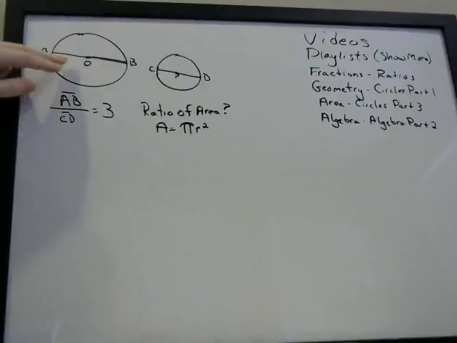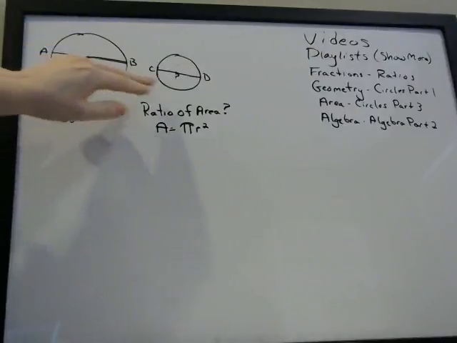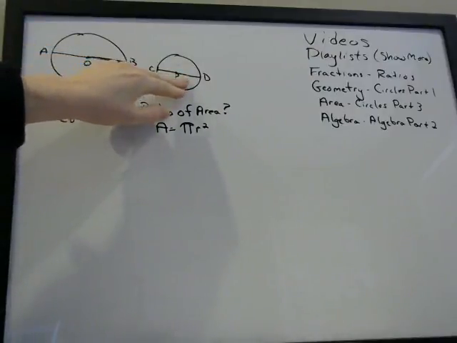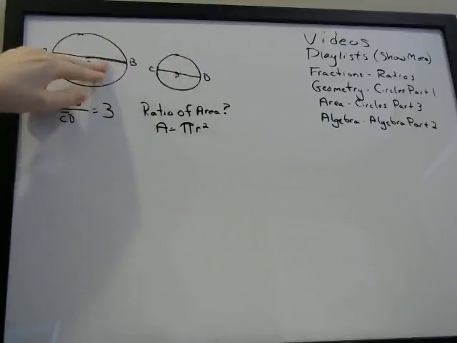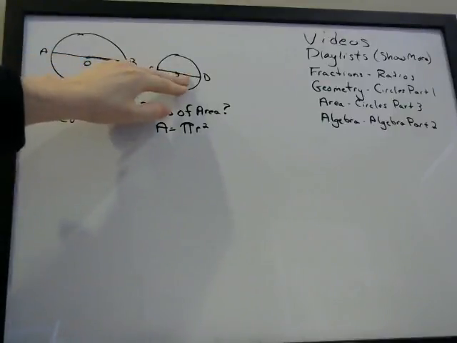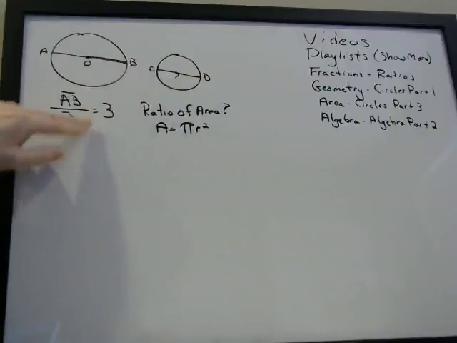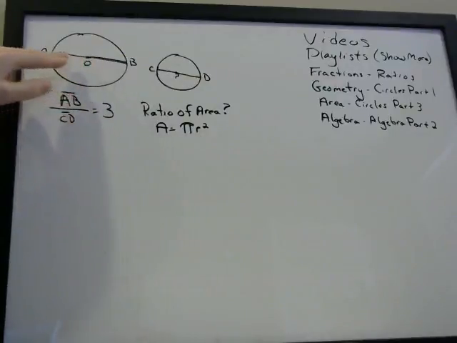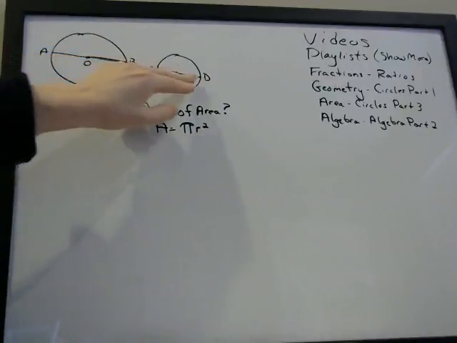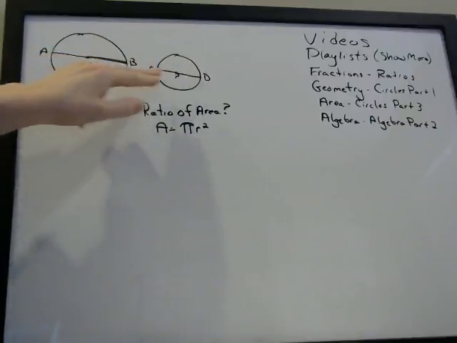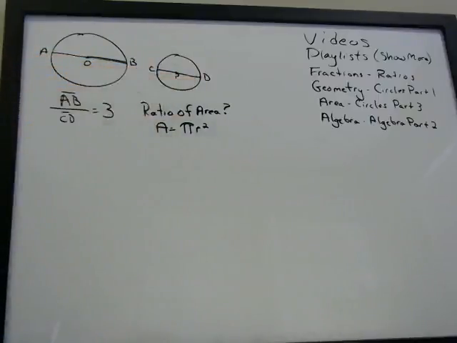So if the diameter of this circle is 3 times bigger than the diameter of this circle, then we can also tell that the radius of this circle is 3 times bigger than the radius of this circle. Here we're using radius, but we can still use this relationship. If this whole line is 3 times bigger than this whole line, then half of this line is still 3 times bigger than half of that line.